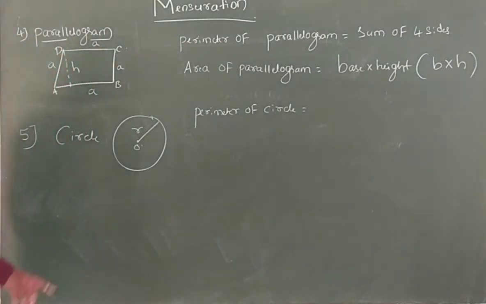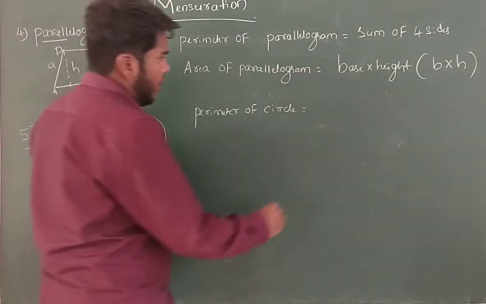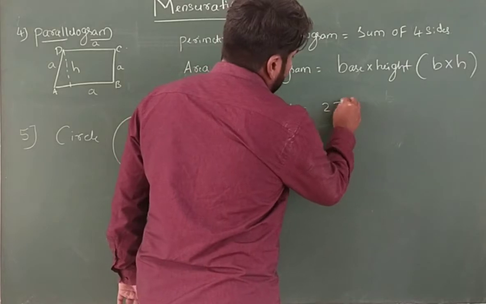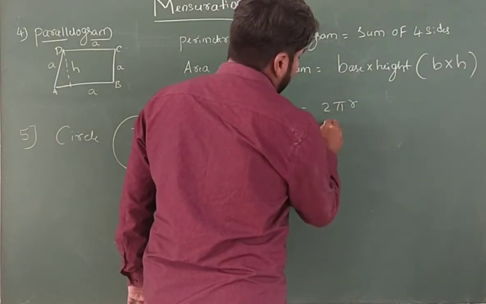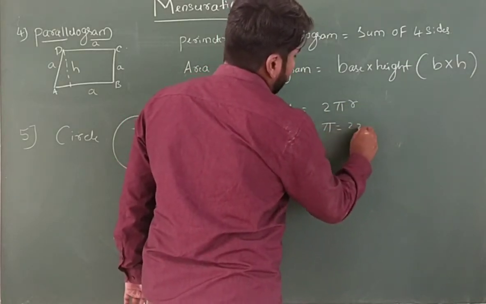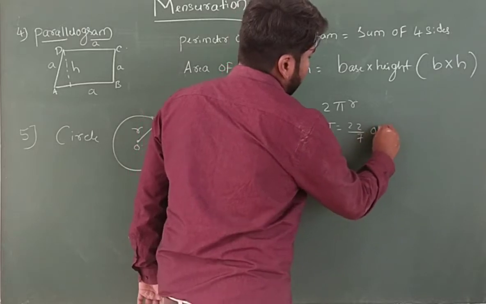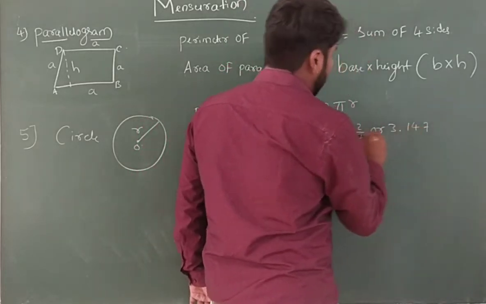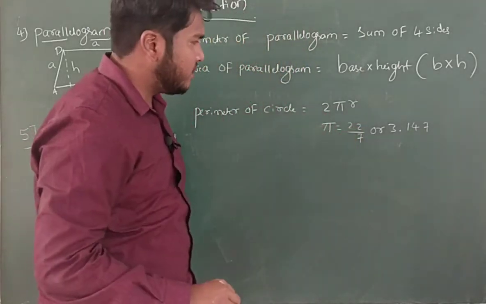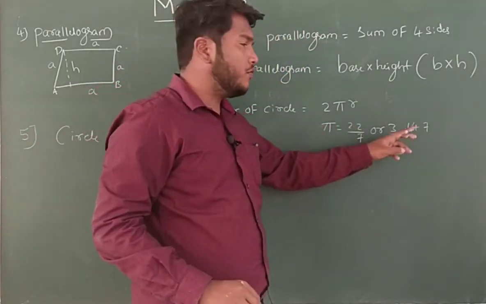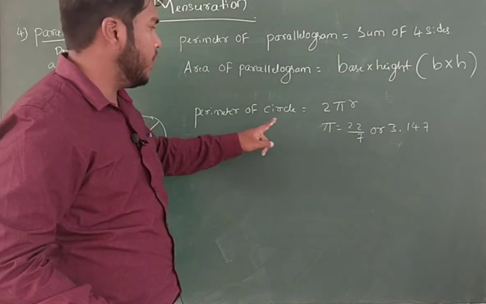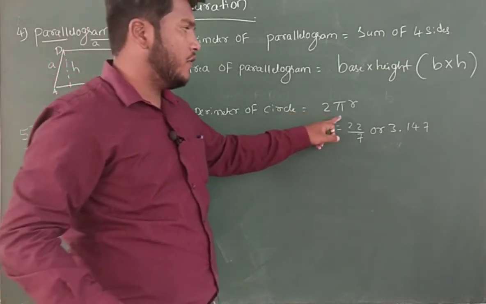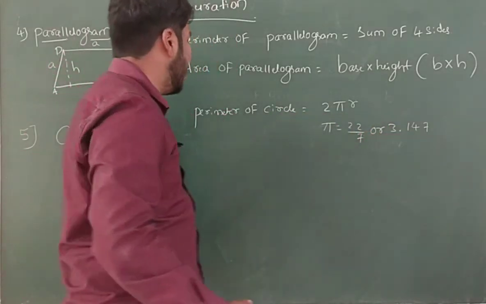You are having the formula as 2 pi r, that is circumference of circle. Here pi is 22 by 7 or 3.147, and perimeter of circle you are having as the formula 2 pi r.